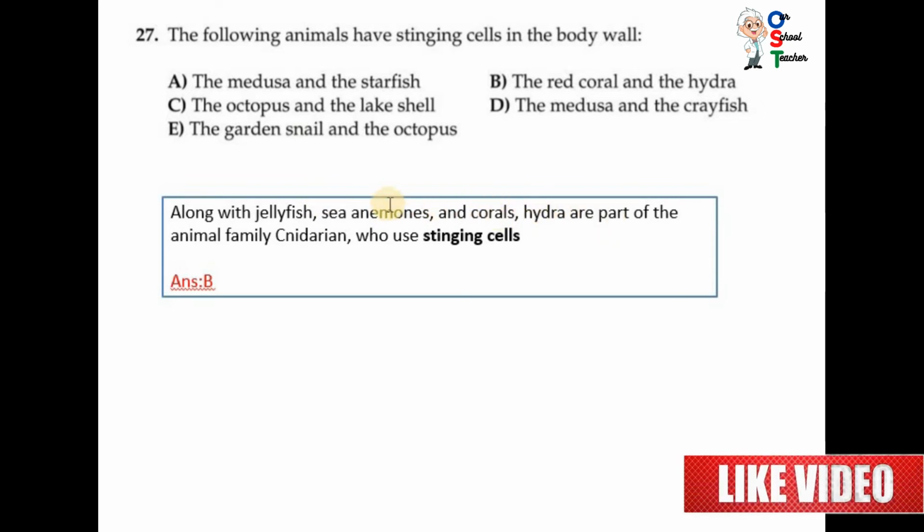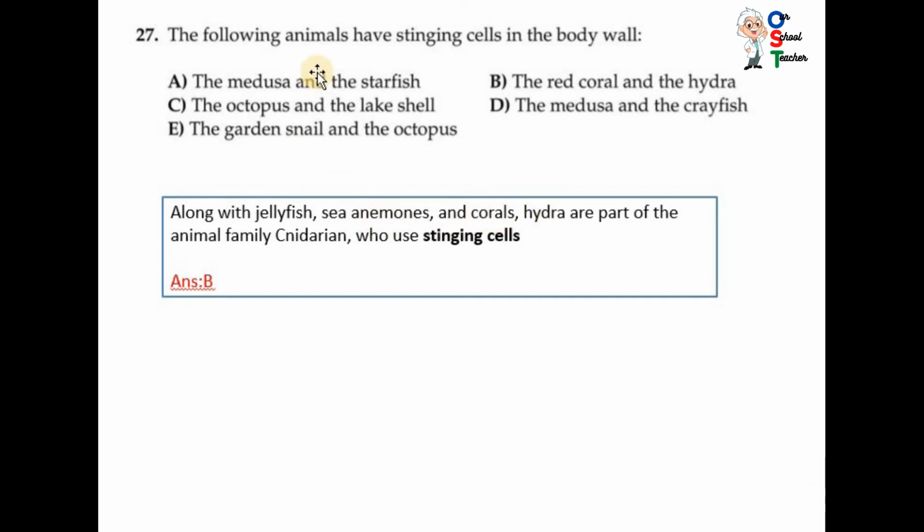These 4 animals are in that group who use stinging cells: jellyfish, sea anemone, coral and hydra. You can see in A, starfish and medusa, red coral and hydra. So red coral, hydra, sea anemone and jellyfish belong to the same family, so they have this type of cell.